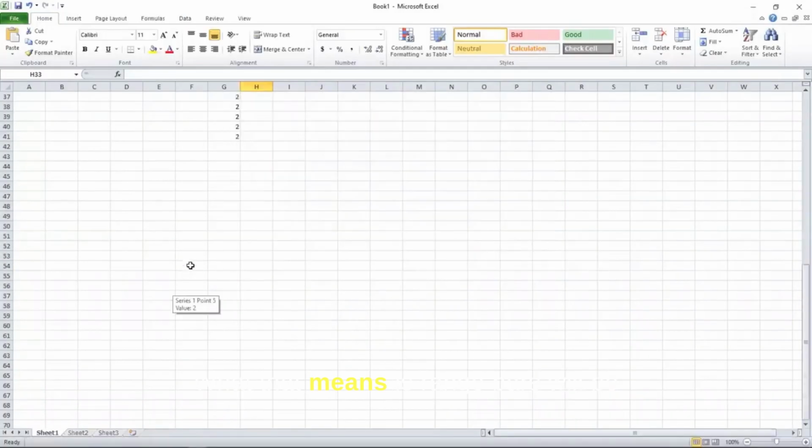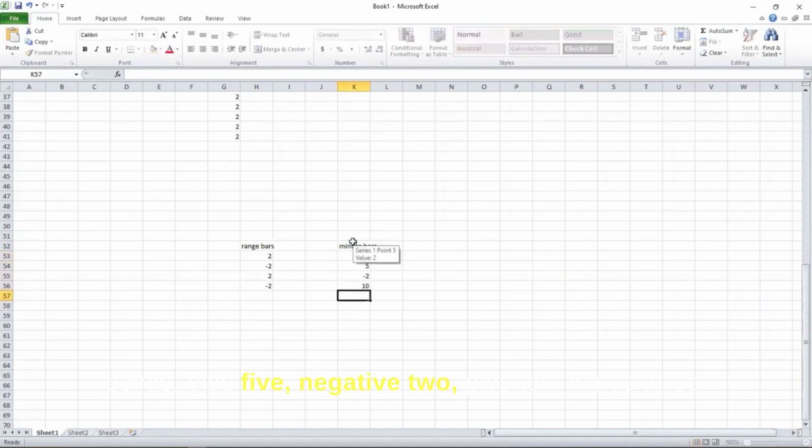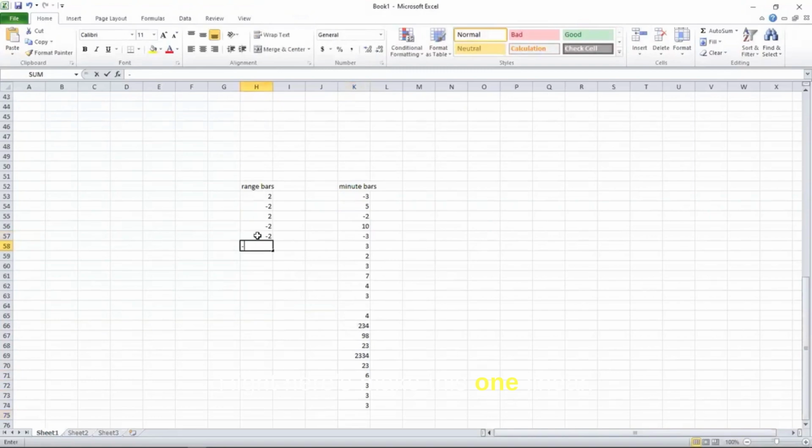What that means is range bars will be +2, -2, +2, -2, fixed ranges. Minute bars, you'll see that your trades are like -3 points, +5, -2, +10, -3, totally random trade sizes. Therefore, your equity curve will always be random. Let's make this one random right here, and then make this one linear.